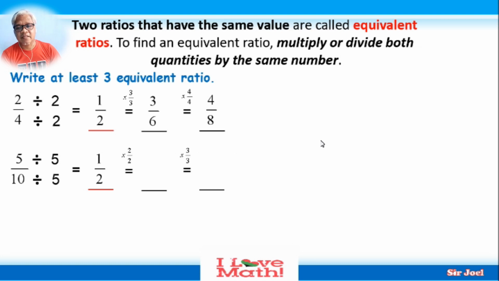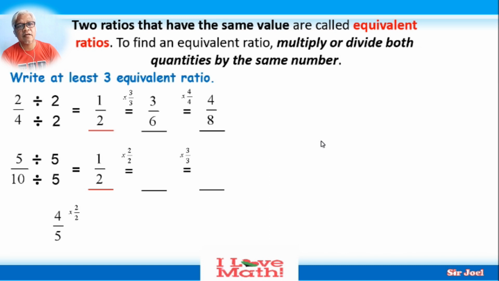Okay? Next, 4 is to 5 or 4/5. If you notice, 4/5 is already written in its lowest term. So, wala na tayong pwedeng ipang divide. Therefore, from 4/5, we can multiply this by 2 over 2. Or yung 4 is to 5, pwede mong i-multiply sa 2 over 2.